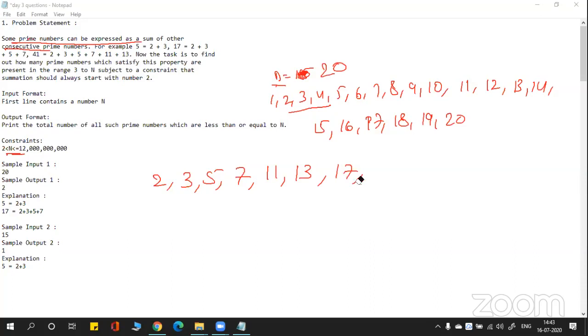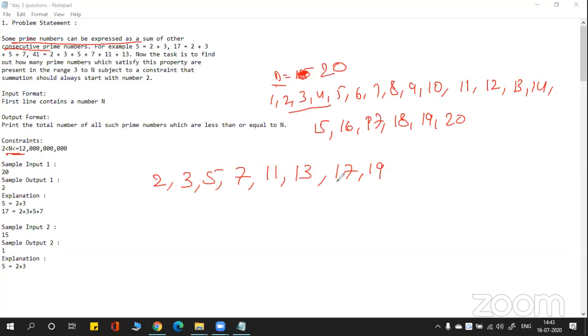Anushma says 3, 5, 7, 9. Sorry, 9 is not a prime number. 19 also. Yes. Thank you, Shravanti. Even 19. So 2, 3, 5, 7, 11, 13, 17, and 19. So these are the prime numbers.